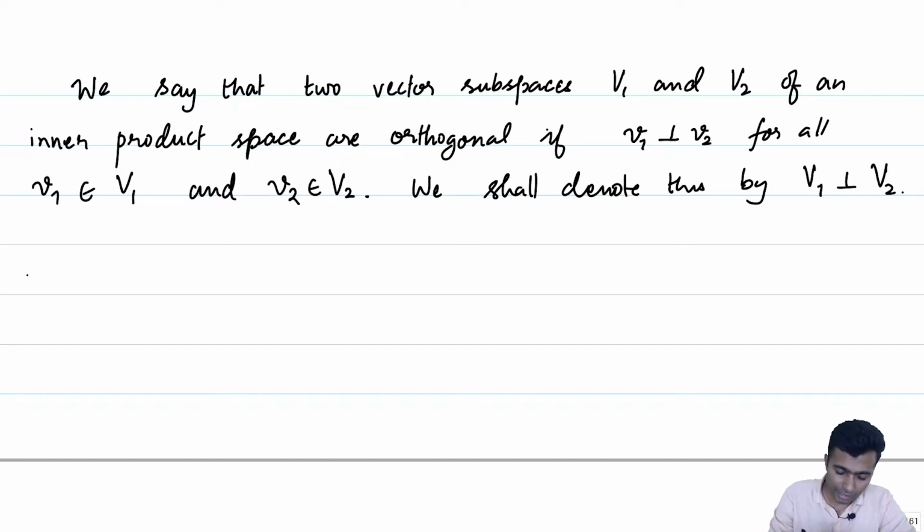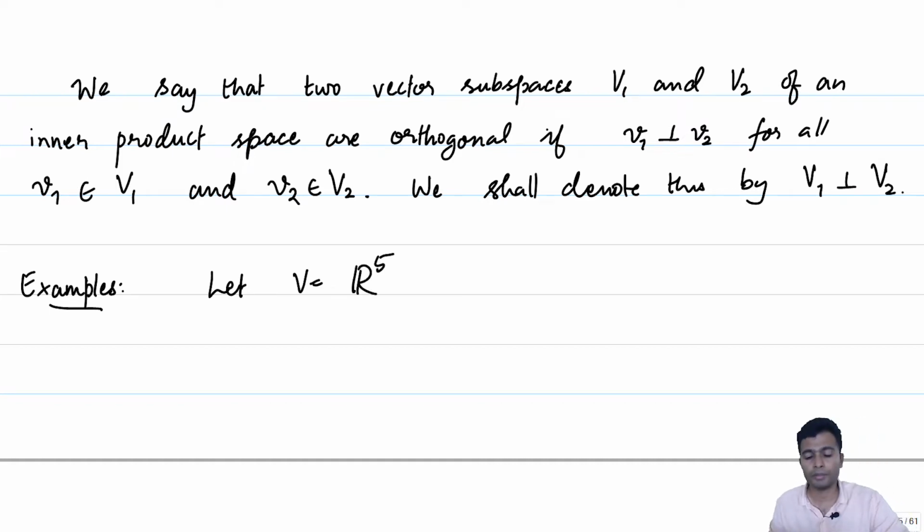So, let us look at some examples. Again, it is in an inner product space. Let V be equal to R^5, the vector space with the standard inner product, the dot product.